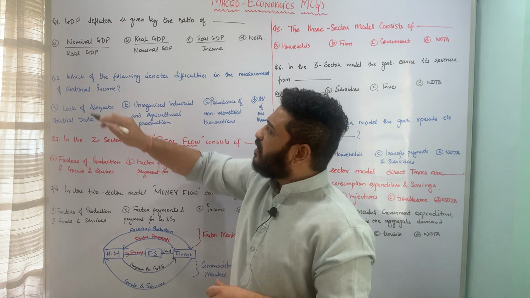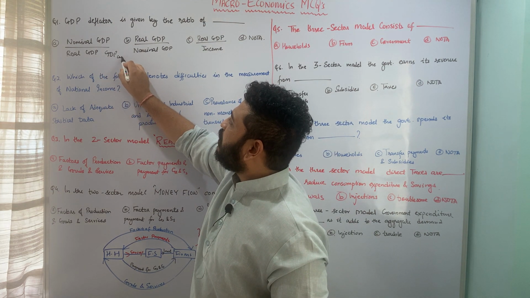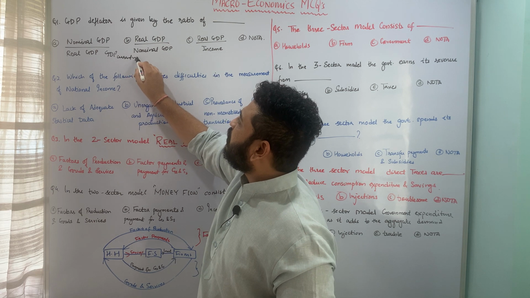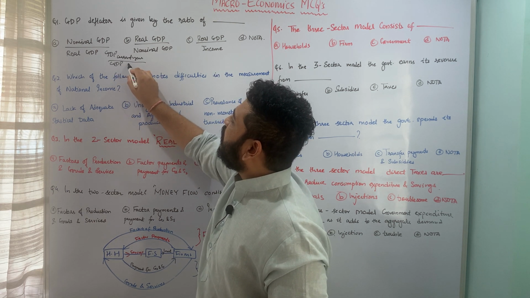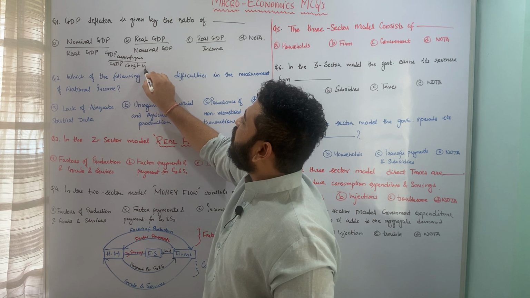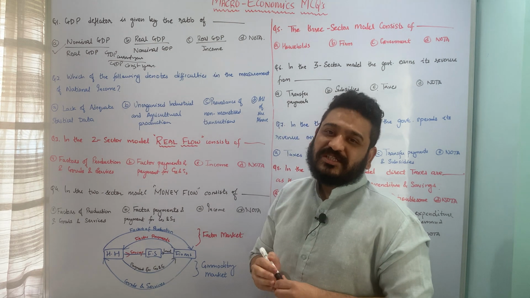It is also given as GDP at current year divided by GDP at constant year. So this can be the alternative formula which can be used to denote GDP deflator.